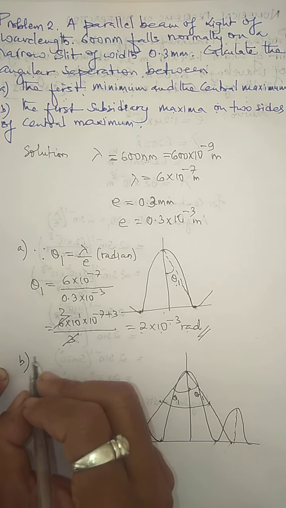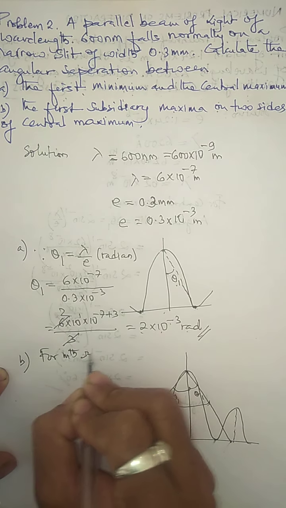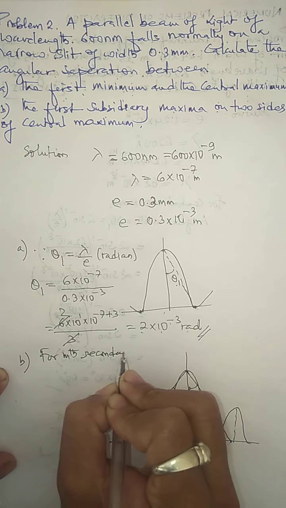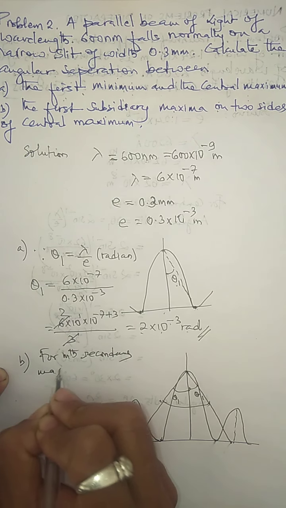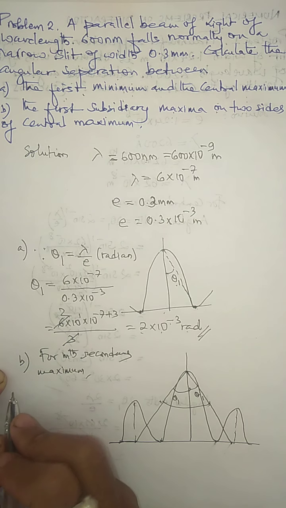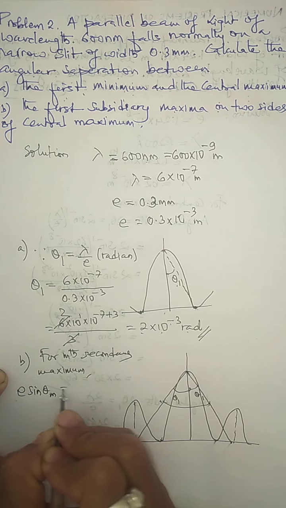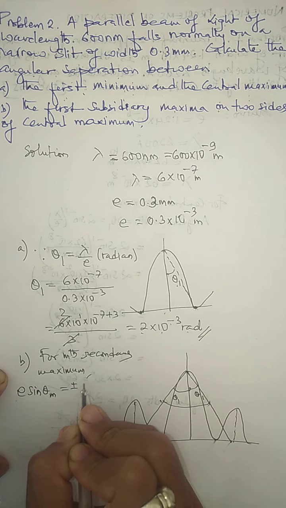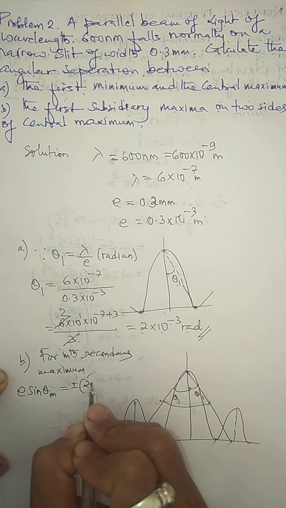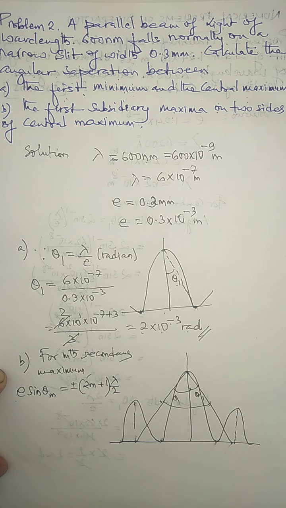And you know the condition is, for the mth secondary maximum, e sin theta m equals plus or minus (2m plus 1) lambda by 2. So we have done this part.